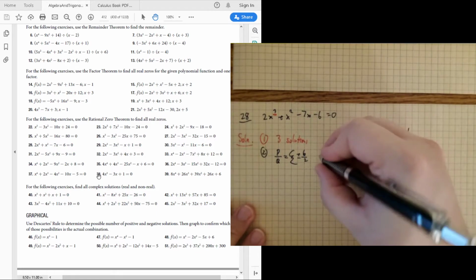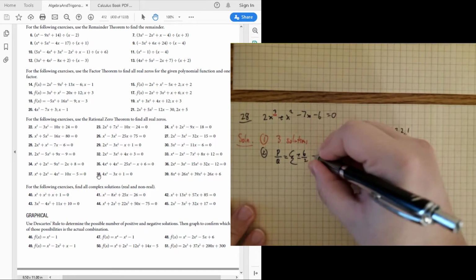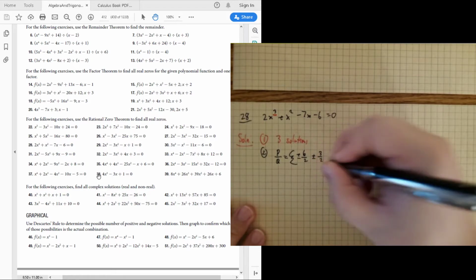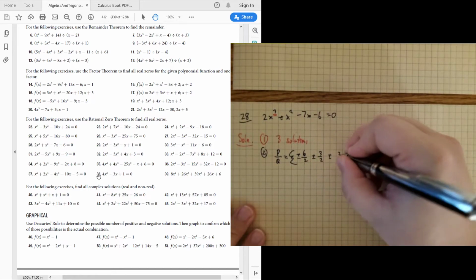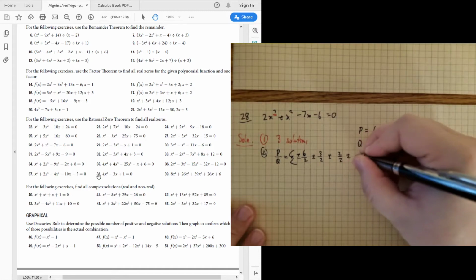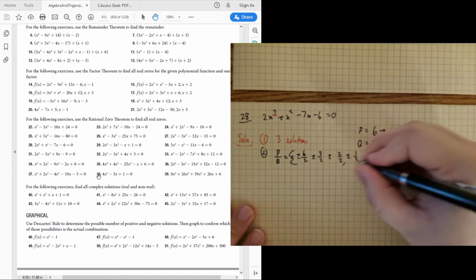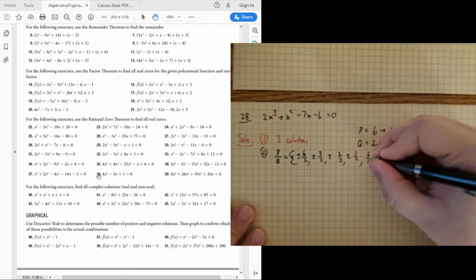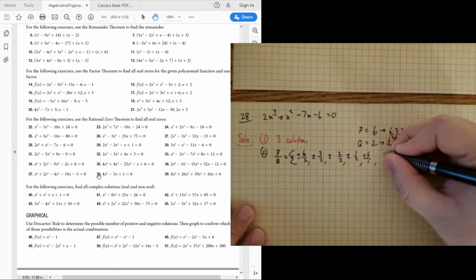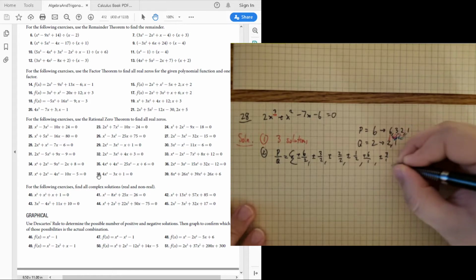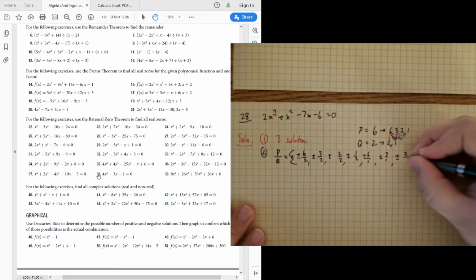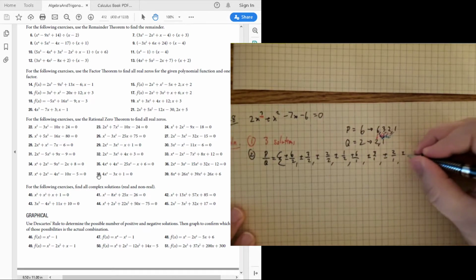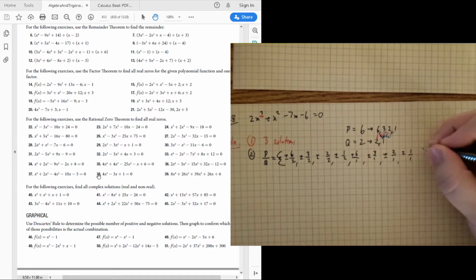I have 3 over 2, plus or minus 2 over 2, plus or minus 1 over 2, 6 over 1, plus or minus 3 over 1, plus or minus 2 over 1, plus or minus 1 over 1.